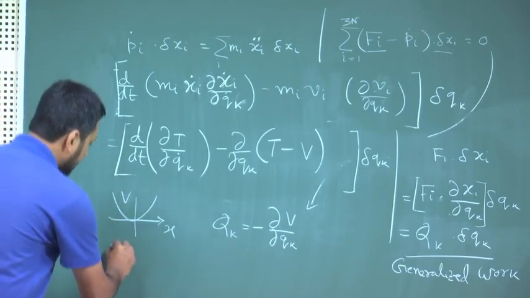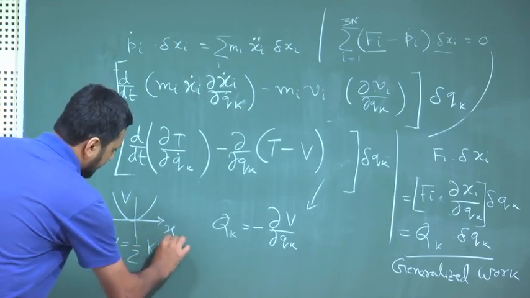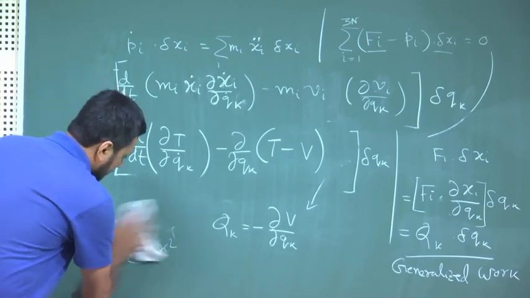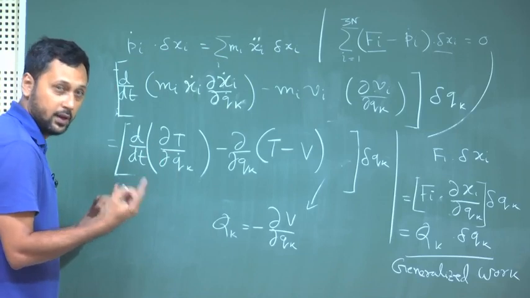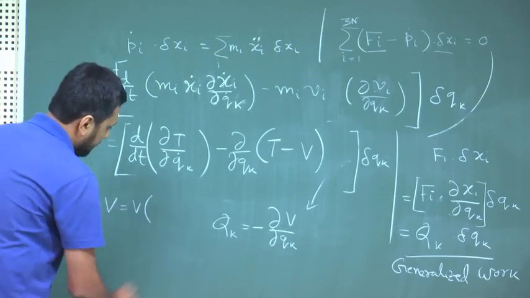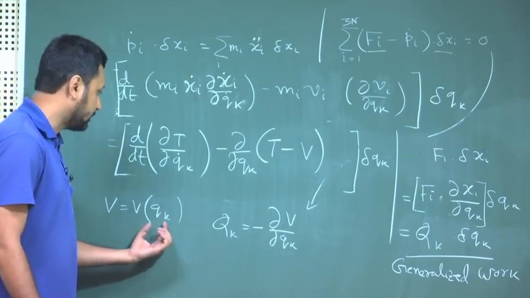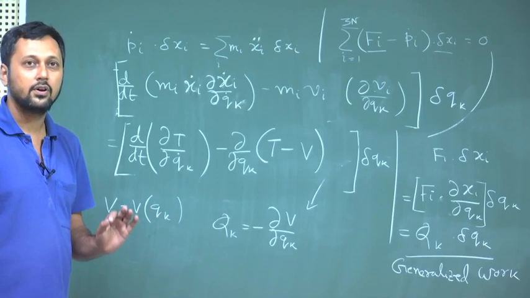But the important thing is, V in this case, what was the form of V? It is half k x square. So, most importantly, the potential, whatever we can think of, is a function of the coordinates only, qk. It is not an explicit function of time, and it is not a function of velocities.